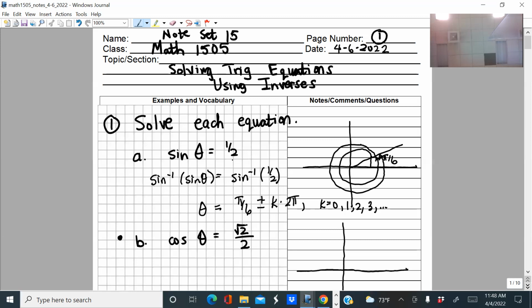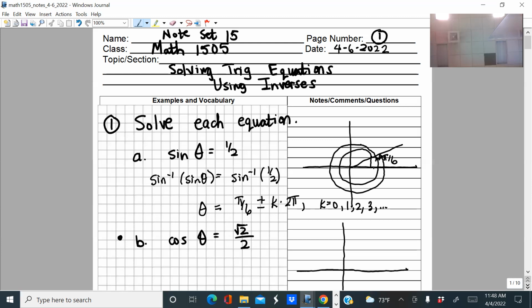Is there another angle from 0 to 2 pi? It's got to be between 0 and 2 pi. Is there another angle whose sine is 1/2?